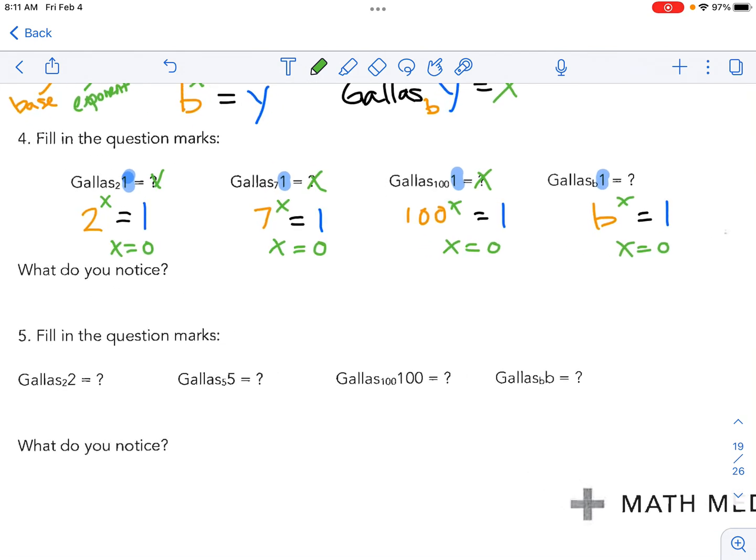So that goes back to when we were talking about exponentials, right? Any base to a power of 0 is a value of 1.